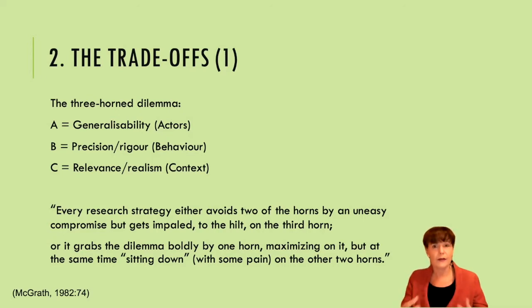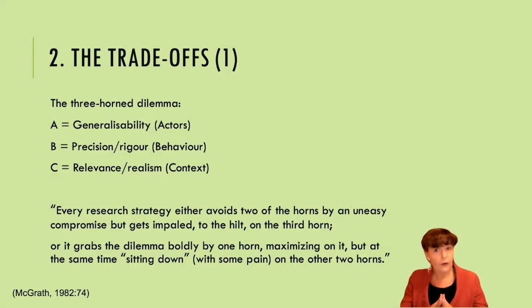So the typology says that you can either focus on actors and try and achieve the highest level of generalisability by studying a representative sample of actors. Or you can focus on behavior and try to measure that behavior as precisely and rigorously as possible.